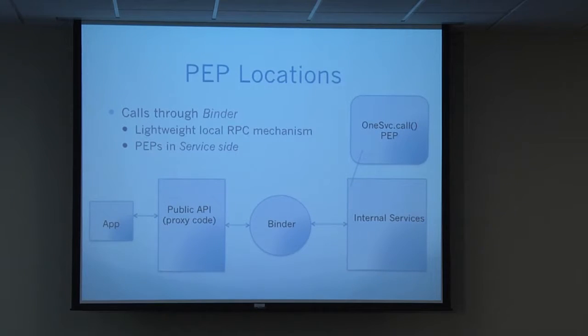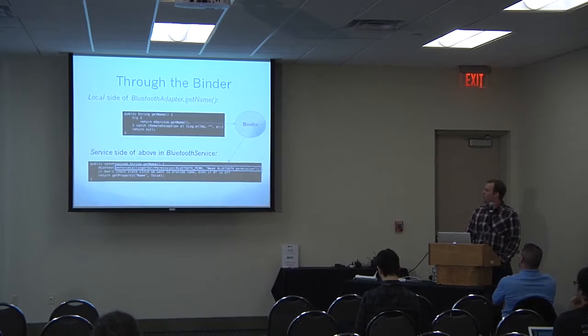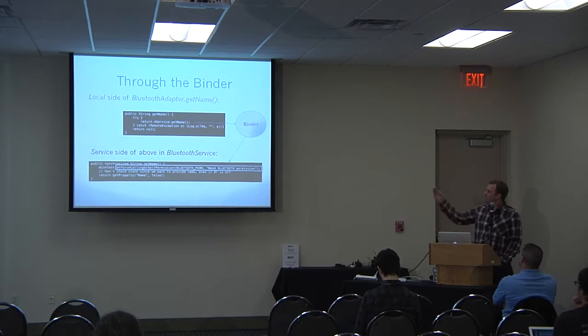And during that execution of the call, it'll actually contain a permission enforcement point. And so it's there where it's checking the calling permission and verifying that this app over there was given the Bluetooth permission, something of that nature. So we can actually see this in code. We have the local side of BluetoothAdapter.getName. And you can see that inside of it, there's this return mService.getName.